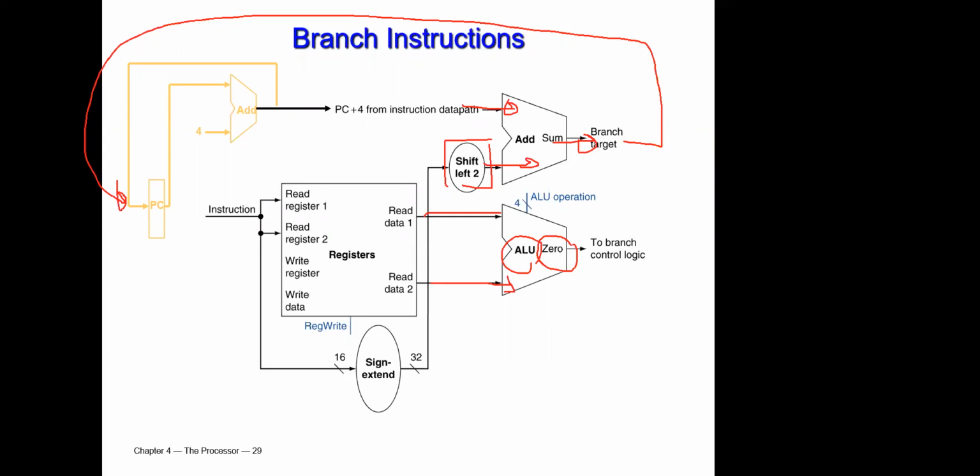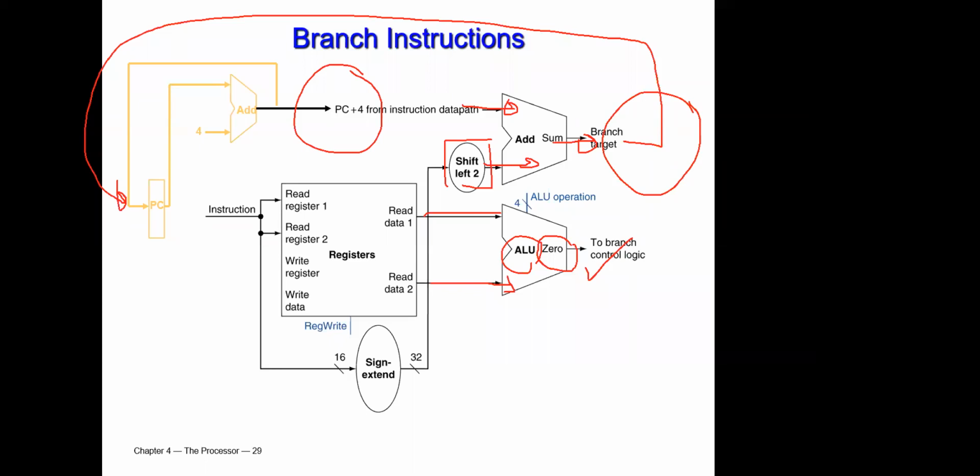After I subtract, I will know whether it is right or wrong, meaning whether it satisfies that branch or not. Because if it satisfies that branch, I have to go to that target address.